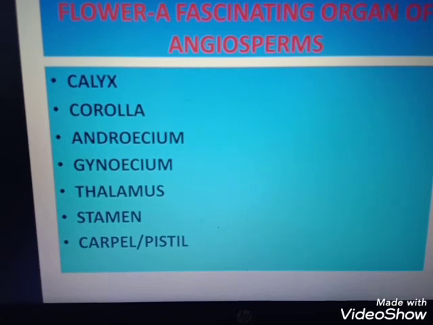I discussed all the points, so you have to study very thoroughly and clearly, because I took a small portion of how the male gametophyte is forming. As per the CBSE board exam, this chapter carries a large number of marks, so study it very thoroughly and clearly.